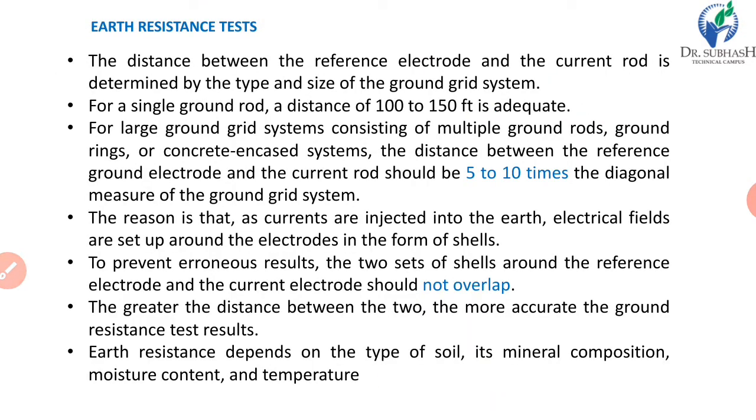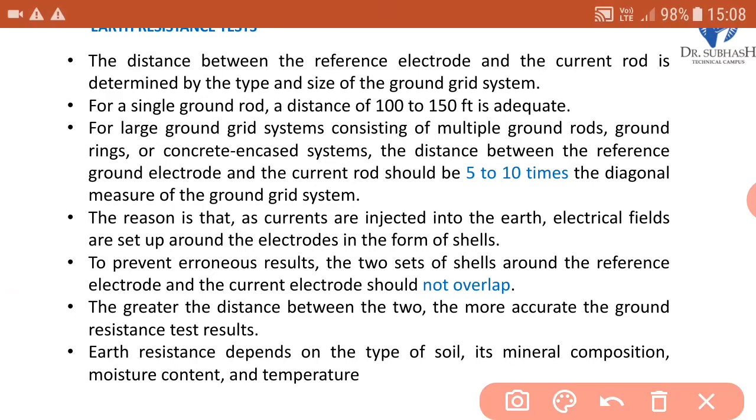Earth resistance test. The distance between the reference electrode and the current rod is determined by the type and size of the ground grid system. It means the distance depends on different types and sizes.